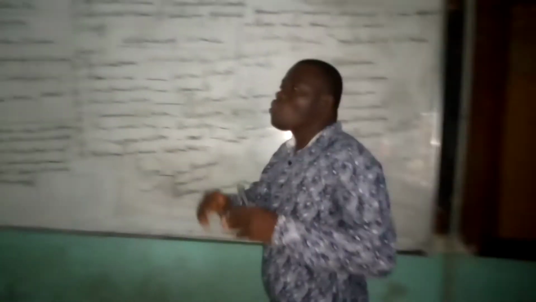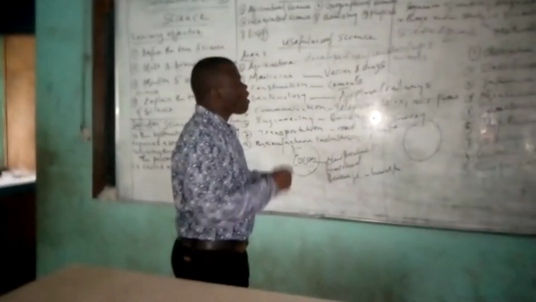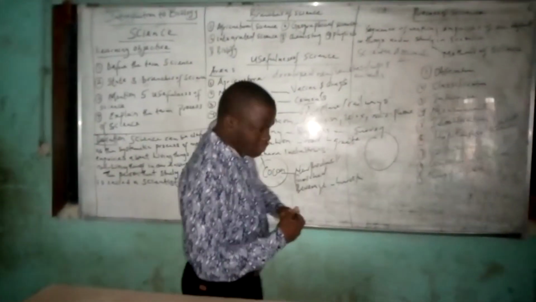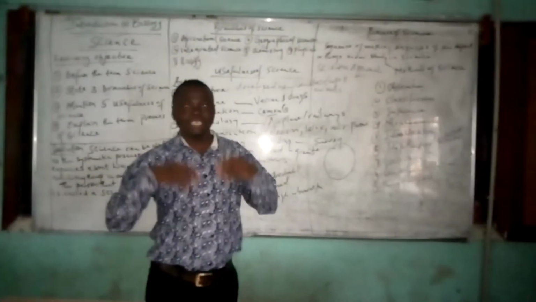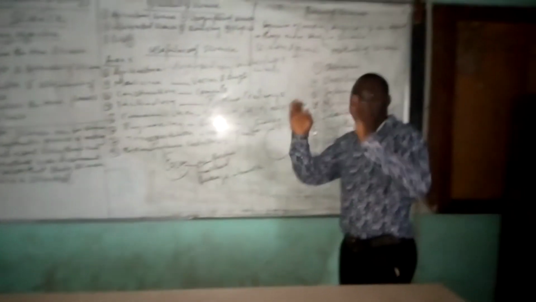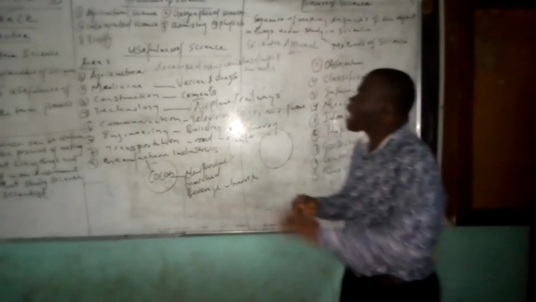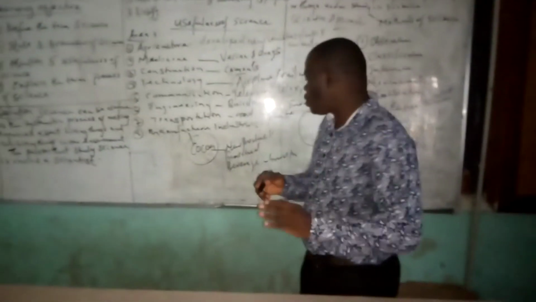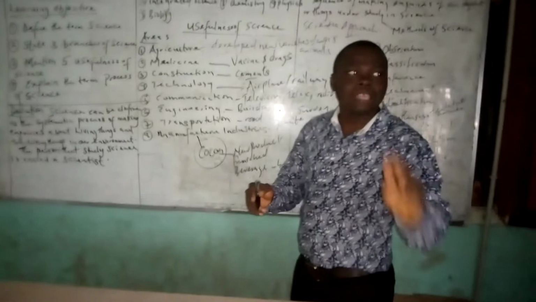Now, the way we always do our experiment is to perform it in the laboratory. We are performing our experiment to test our hypothesis. If students want to perform their experiment, there are patterns in which they must record their experimental procedures.